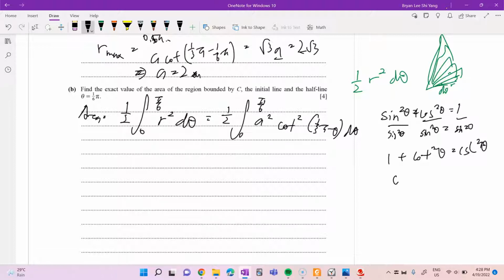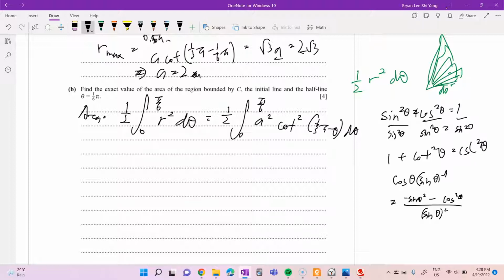Let me think. Cosine θ, sine θ, negative 1. This is what would happen to you if you don't memorize your formula clearly. So it would be negative sin squared θ minus cos squared θ, over sine.